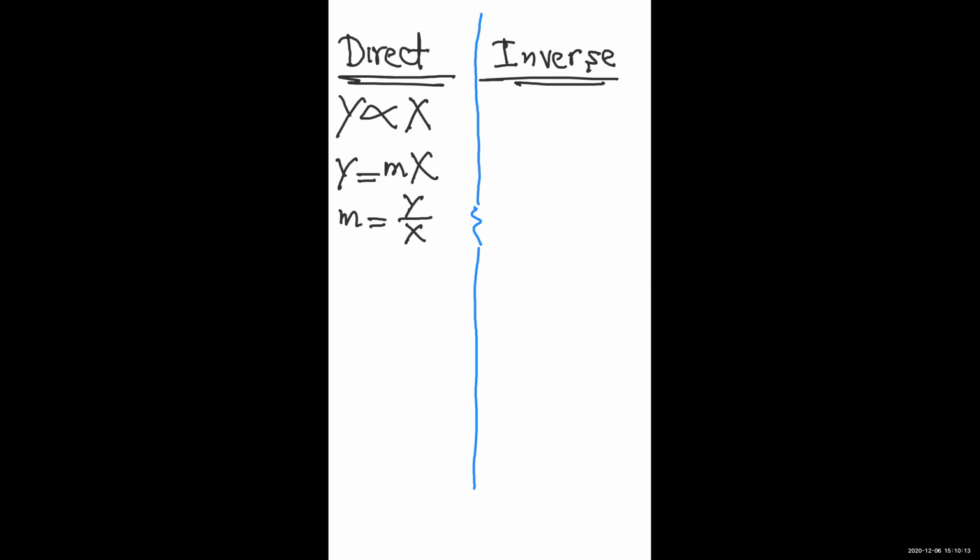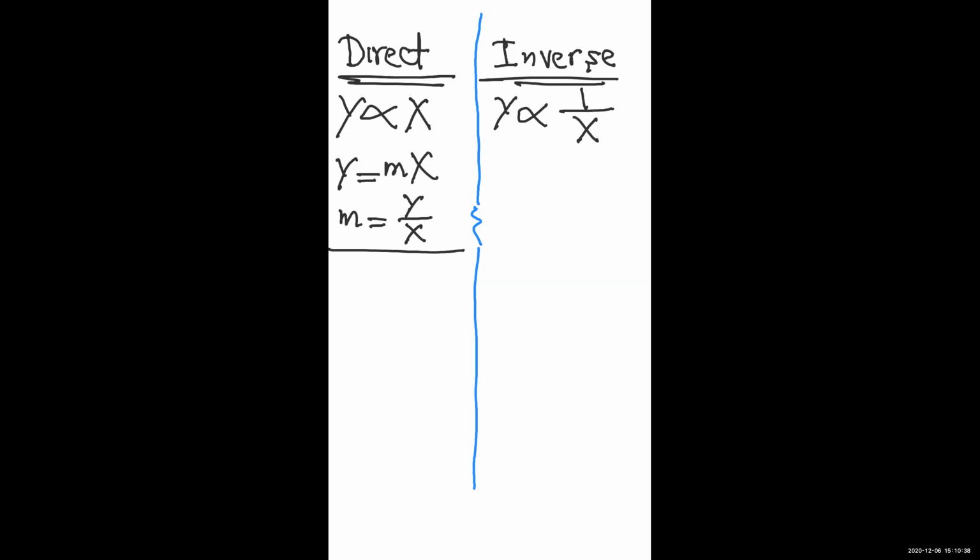Are we clear till now? Yes. Okay, great. If y varies inversely with x, it is written like this. If the variable is in the numerator, this means direct. Denominator means inverse.